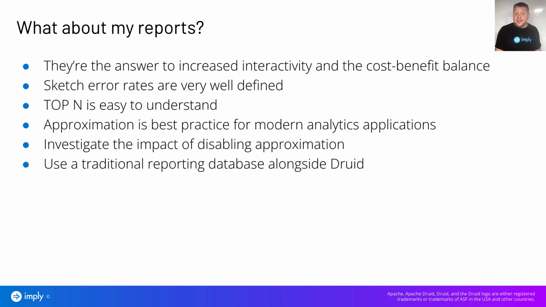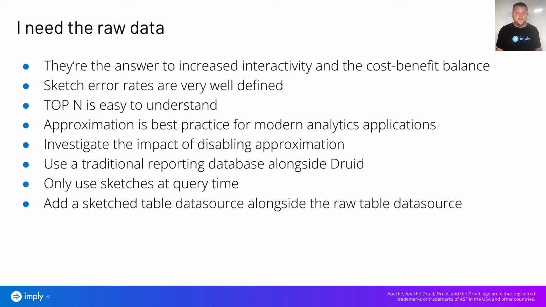And you could isolate that work onto a specific cluster tier, or you could use query laning so those kinds of difficult, complex queries don't block interactive queries. But that doesn't work for everything. Druid is about speed, and approximation is a key to getting that at a cost point that keeps you successful. When you can't get 100% accurate results to run at Druid speed, perhaps some database running alongside Druid, one that isn't about interactivity, is going to be the thing that helps you solve the problem.